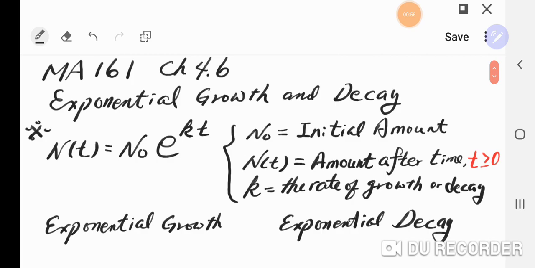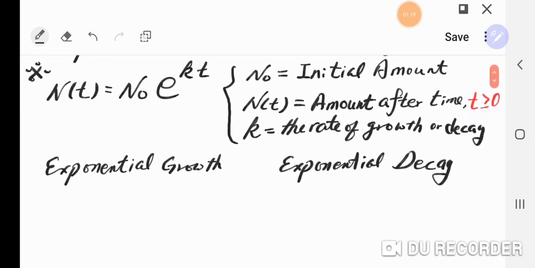If k is positive, then it will be exponential growth, and if k is negative, then the graph will be exponential decay. So N of t is the amount remaining, or the number of people. So it represents the number after the time t.